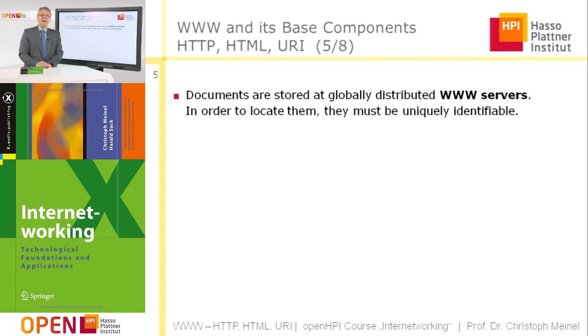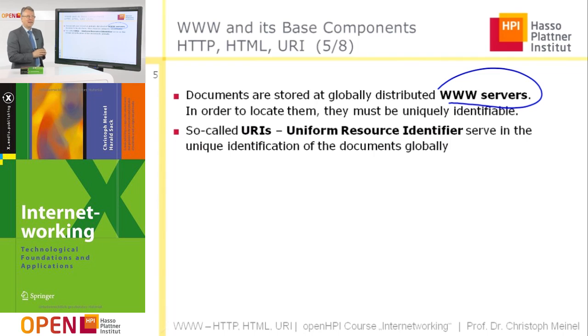The documents are stored on globally distributed web servers. In order to locate these web servers, and in order to locate a document on these globally distributed web servers, the documents need to be identifiable. For that purpose, so-called URIs, Uniform Resource Identifiers, are used.